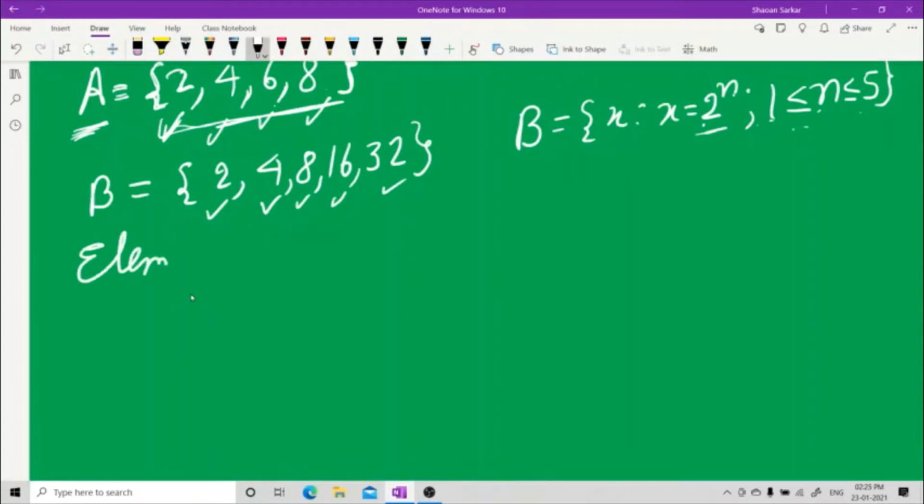Elements are written and separated by commas.